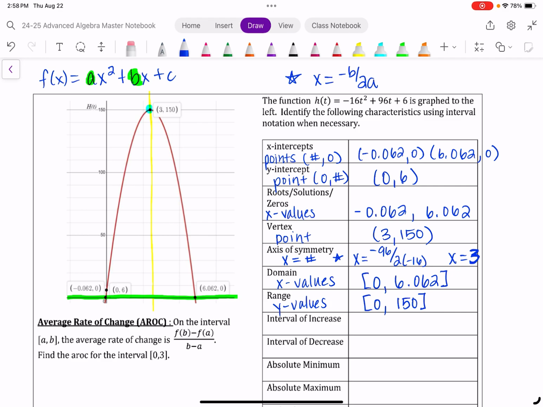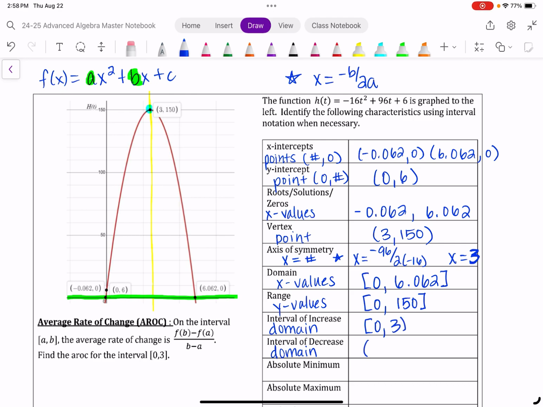Now, our interval of increase and interval of decrease is based off of our domain. Okay? The other way I like to talk about this is, are we going up the roller coaster hill or are we going down the roller coaster hill? Interval of increase would be going up the roller coaster hill. So we are doing that from 0 to 3.